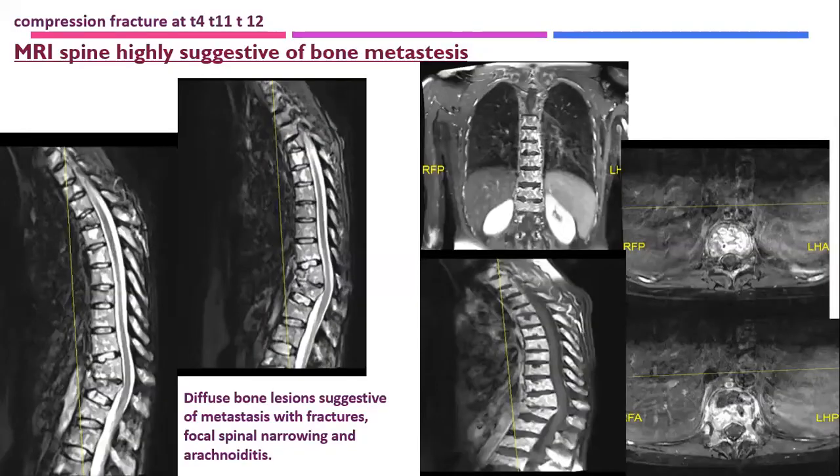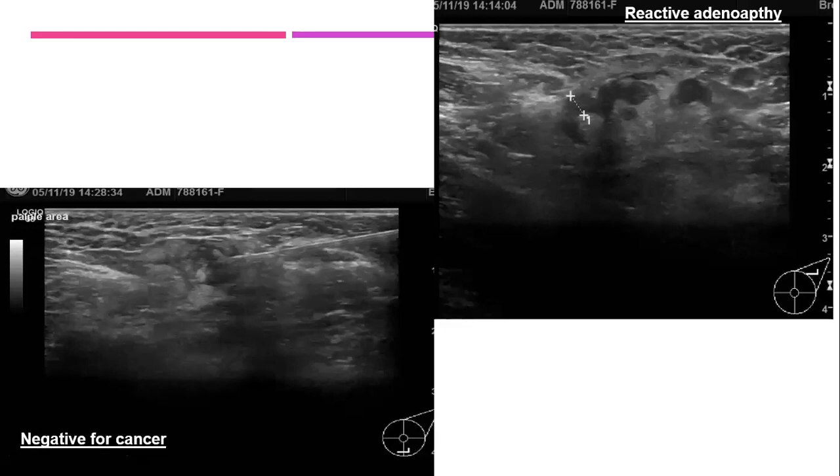Because of the collapsed vertebra, they recommended MRI for her, which demonstrated typical appearance of metastatic disease along with some cord compression due to the collapsed vertebra and kyphus formations. So they decided to do a biopsy.